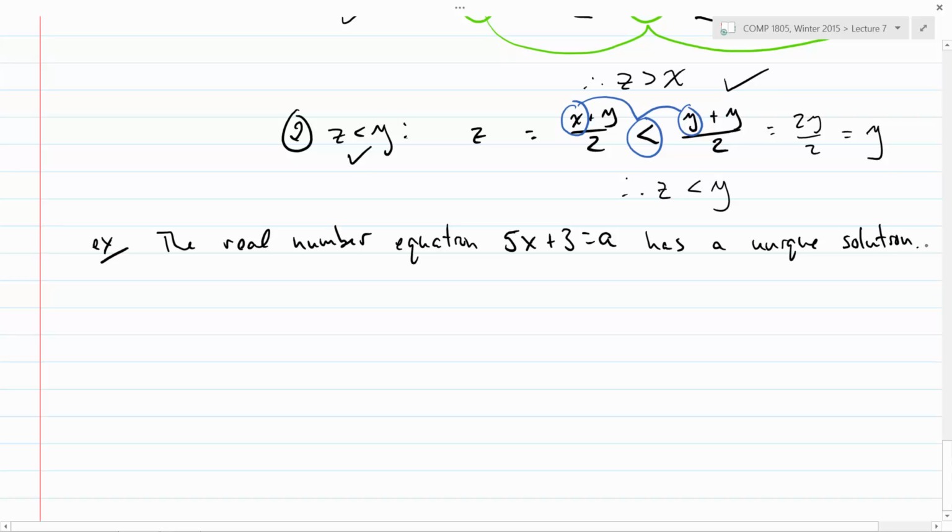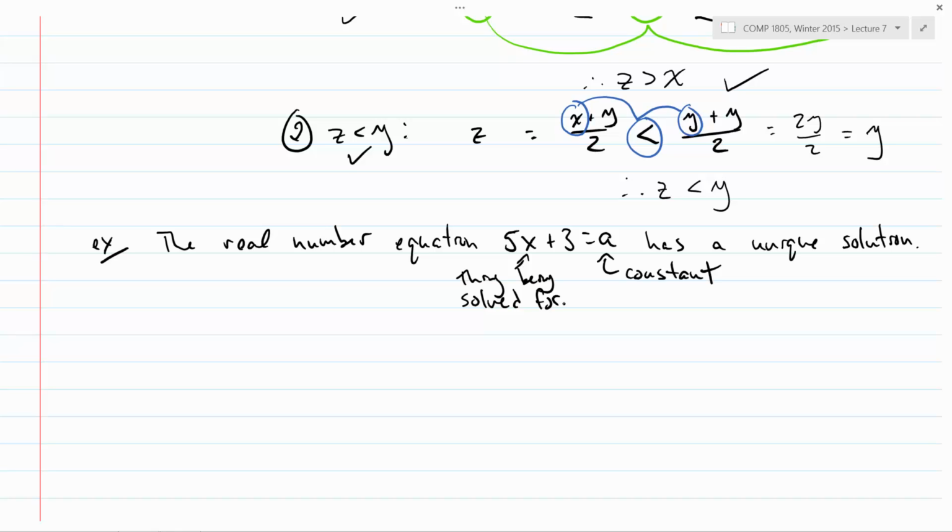To be clear, a is a constant and x is the thing I'm solving for. So a is just some constant, x is the thing being solved for. I want to prove there's a unique solution, x.